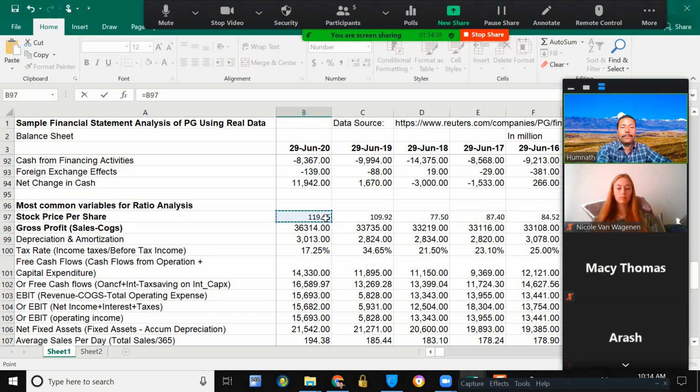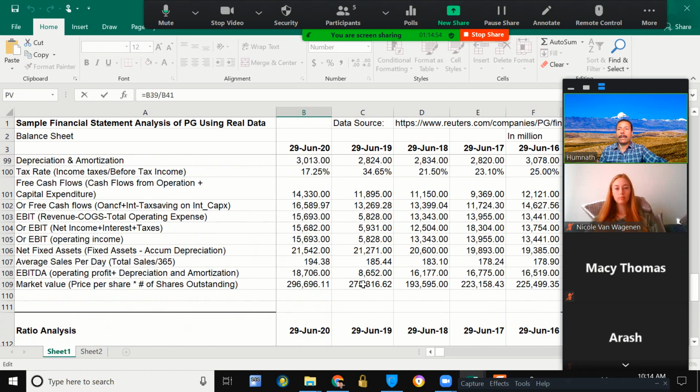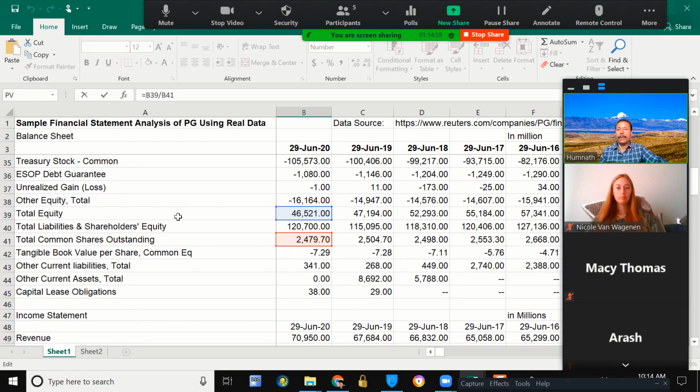This information. And then book value per share is basically the total equity value divided by number of shares. So there are two types of values for a company.